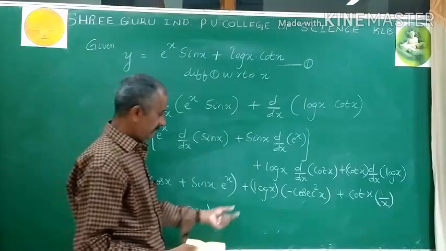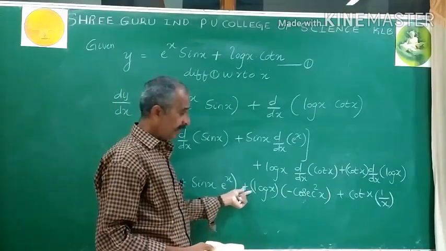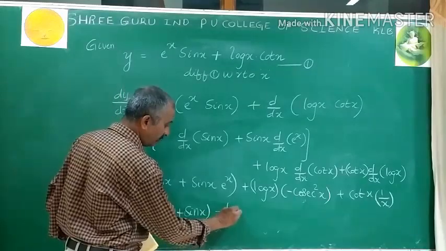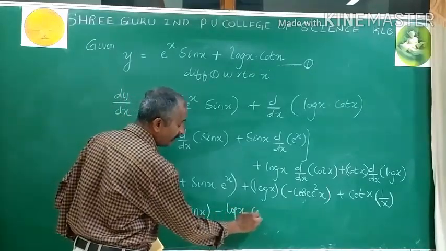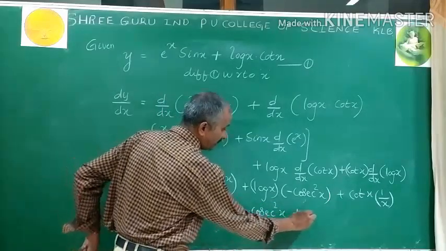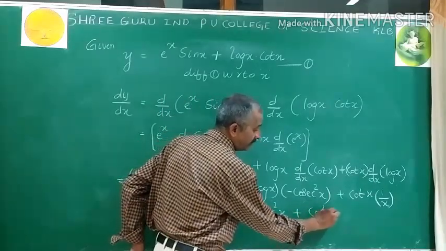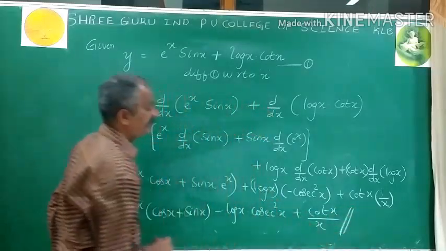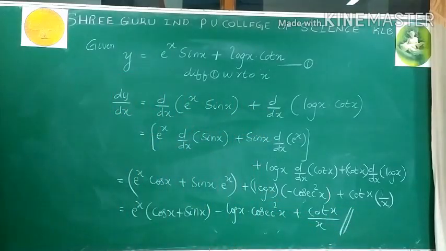Whereas here, plus into minus becomes minus log x multiplied by cosec square x plus cot x into 1 by x, meaning the whole divided by x. That's the final answer.